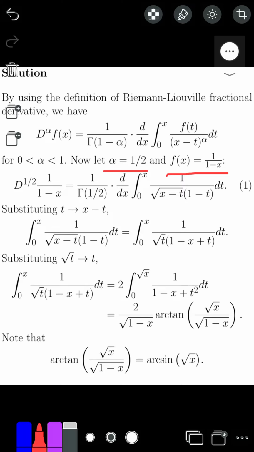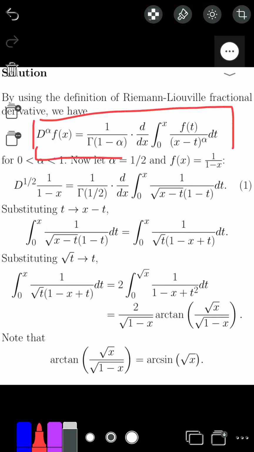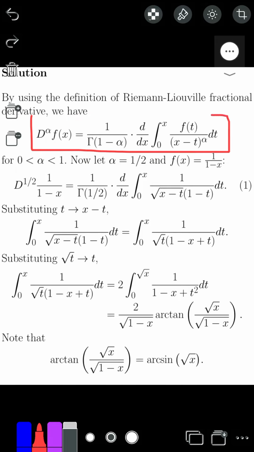We just substitute those into the equation. I'm gonna box this. Alright, so we're letting alpha equal 1/2 and f of x equal 1 over 1 minus x, and we get this equation right here.